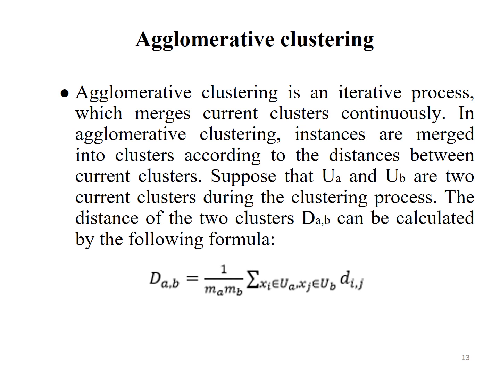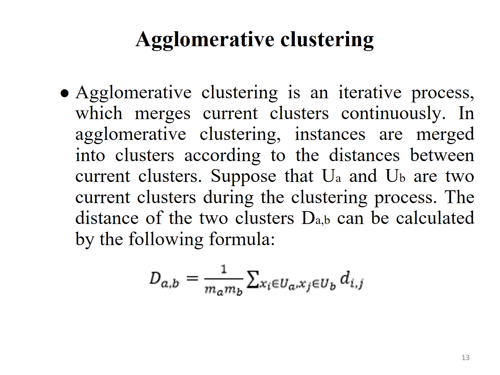Agglomerative clustering is an iterative process which measures current clusters continuously. It is possible that a certain cluster only contains one instance. Each instance is treated as one cluster at the beginning of iteration.